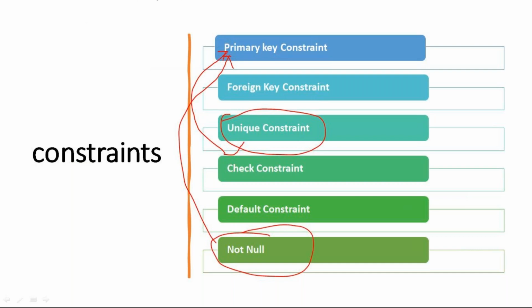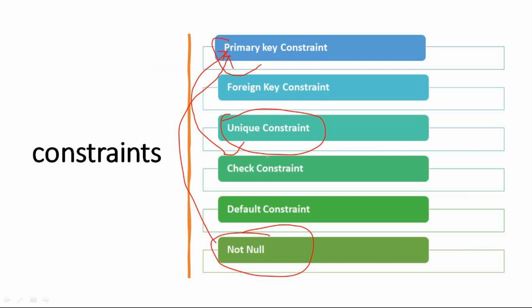See, understand the difference here. A primary key should be only one per table. Can I have multiple unique constraints in a table? Yes. Not null? Yes. Default?